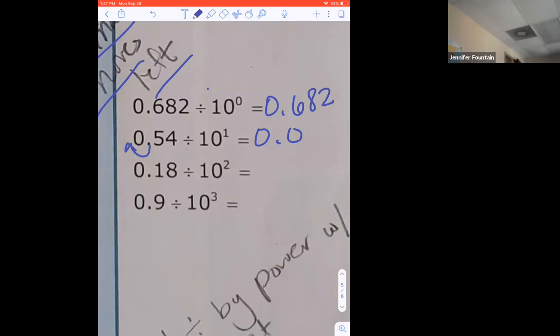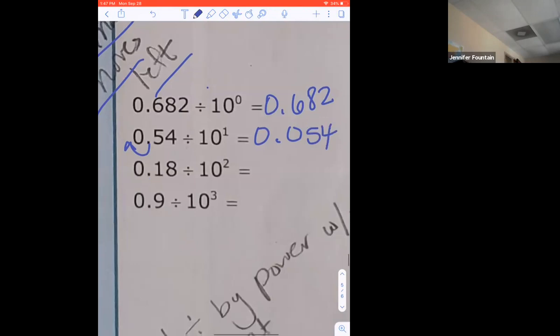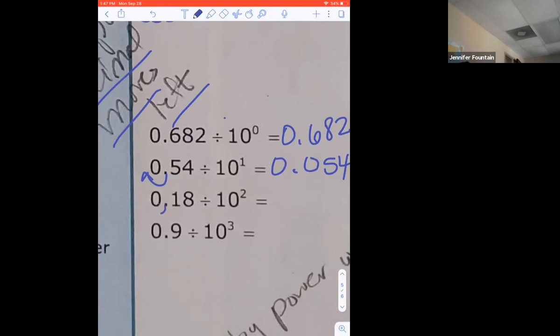I was just looking at the number right in front of it. 0.18 divided by 10 to the second, move my decimal 2 places. 1, 2. Put my decimal, fill in with a 0, decimal 0, 0, 1, 8. And 0.9 divided by 10 to the third, 1, 2, 3. Decimal, fill in 2 places, decimal 0, 0, 0, 9.